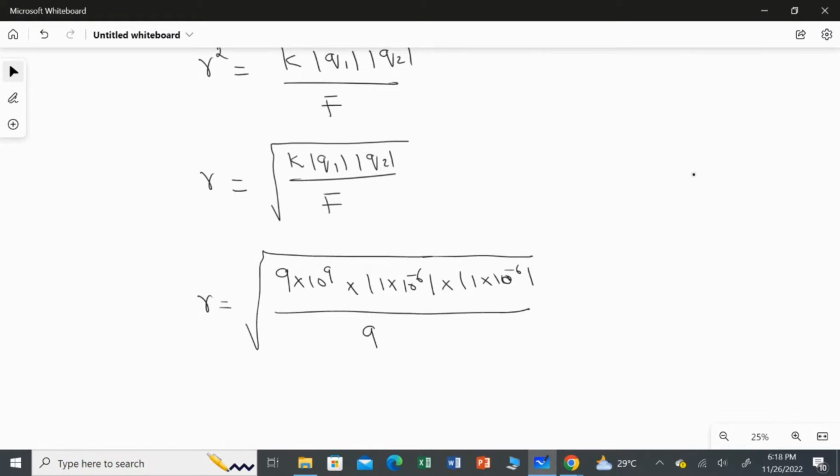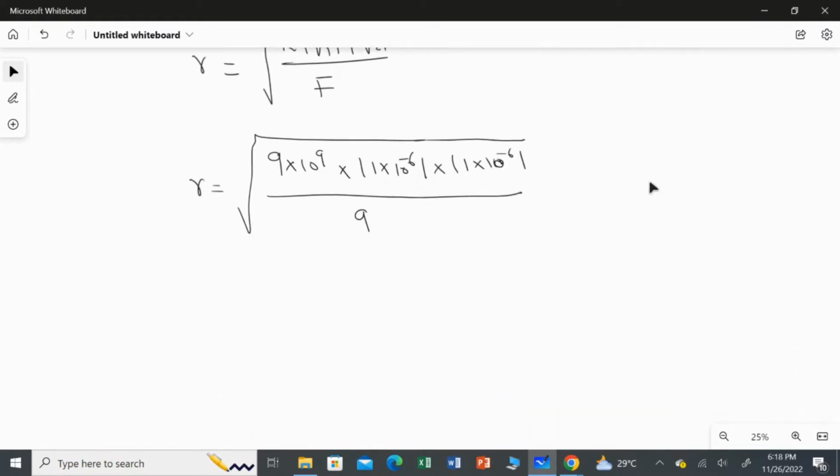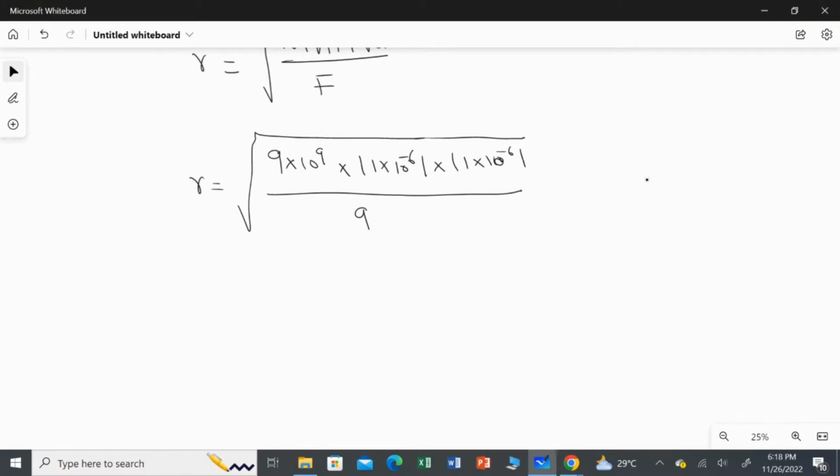So now we have to calculate to get the value for the distance. I am going to multiply the numerator and then divide the answer by 9. Clear? So therefore R equals the square root of 9 multiplied by 10 power 9 multiplied by 1 multiplied by 10 power minus 6 multiplied by 1 multiplied by 10 power minus 6 over 9.